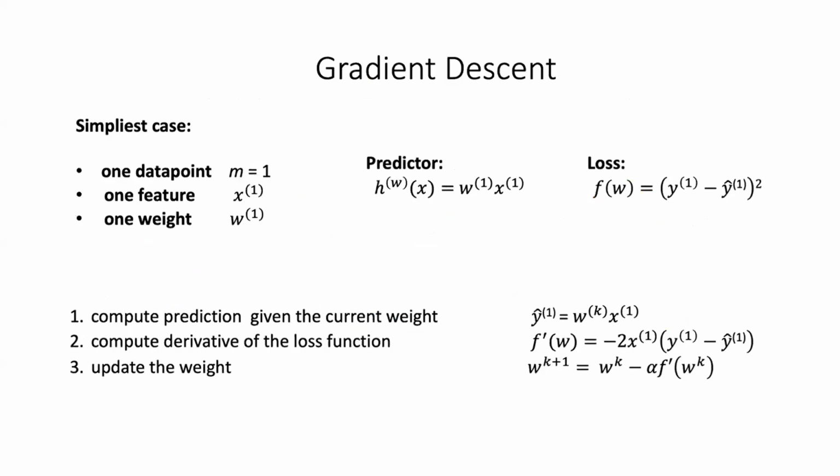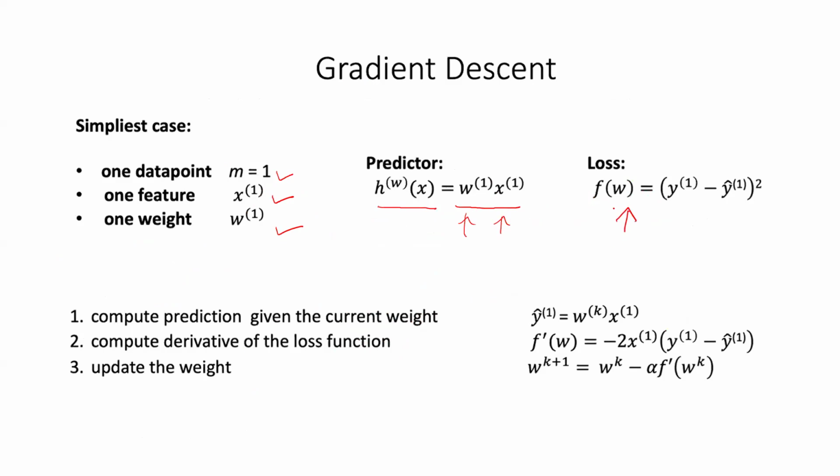To summarize gradient descent, for a particular data point, m equal to 1, with one input feature x1 and one weight w1, we perform the predictor as h w of x equal to w1 x1. So we are multiplying the weight with the input feature x. And how are we calculating the loss?